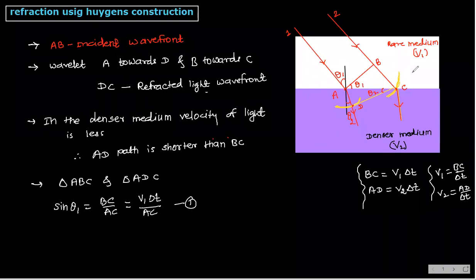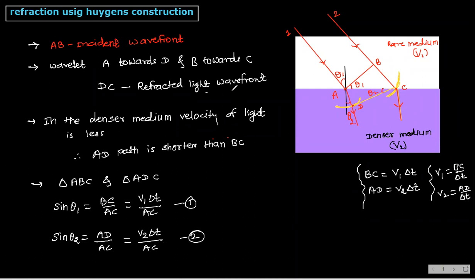Good. Okay. Now, similarly, you see sine theta 2. Sine theta 2 means this triangle ADC. Sine theta 2 is what? AD by AC. So AD already I told how much it is, V2 into delta t, divided by AC. Call this equation number 2.